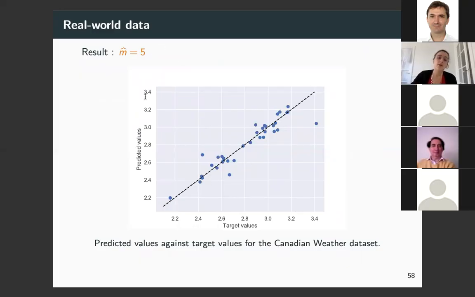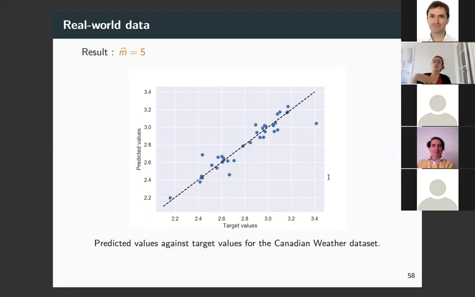Here I plot, in the x-axis, the true values of the precipitations, and in the y-axis, what I predict. And you can see that this is close to the bisector. So this means we don't make many errors. And this is a really simple model, it's just linear on the signature.